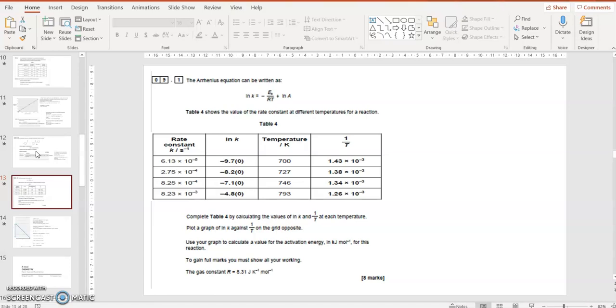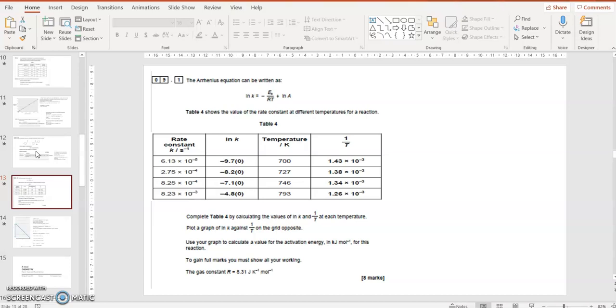mx. M is the gradient of the line multiplied by whatever is on the x-axis. And what is on the x-axis is 1 over T. In other words, mx is minus EA over R multiplied by 1 over T, T on the bottom, that's the x-axis.